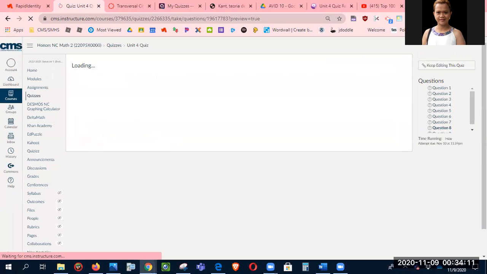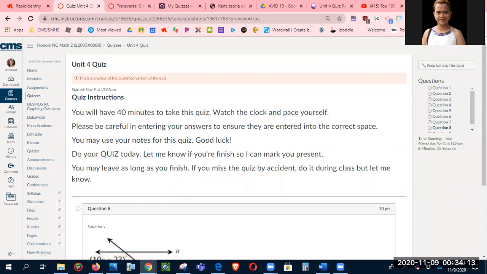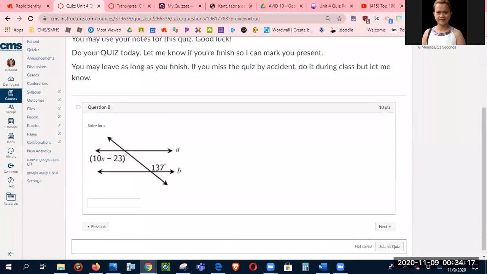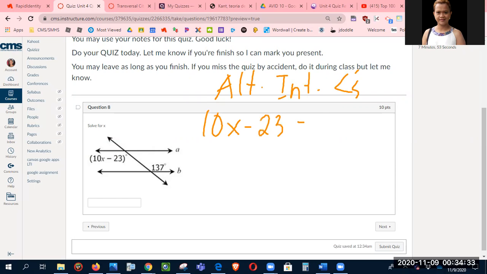Next. Solve for x. 10x minus 23 and 137 are alternate interior angles. So 10x minus 23 equals 137, because alternate interior angles are congruent.